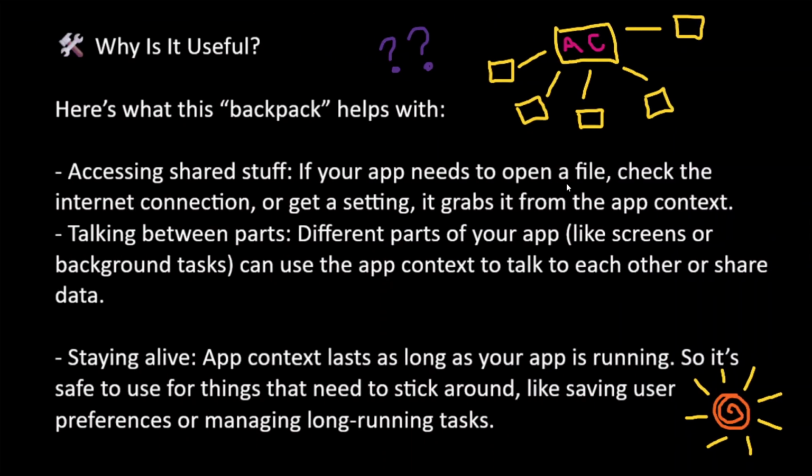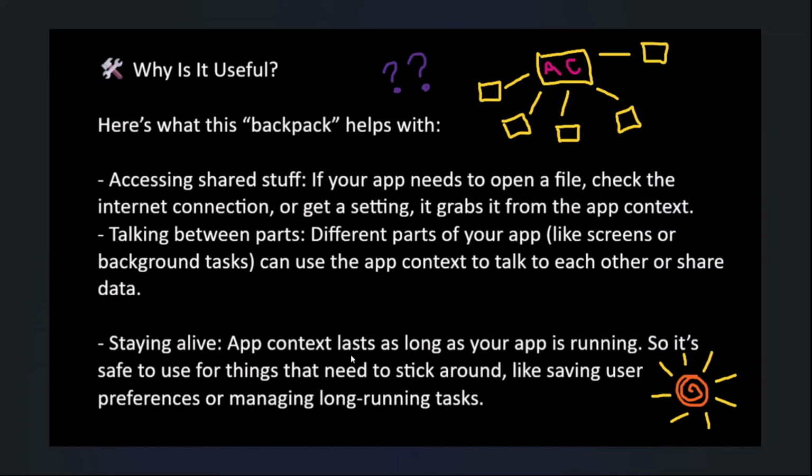If your app needs to open a file, check the internet connection or get a setting, it grabs it from the AppContext. Different parts of your app can use the AppContext to talk to each other or share data. AppContext lasts as long as your app is running, so it's safe to use for things that need to stick around, like saving user preferences or managing long-running tasks.